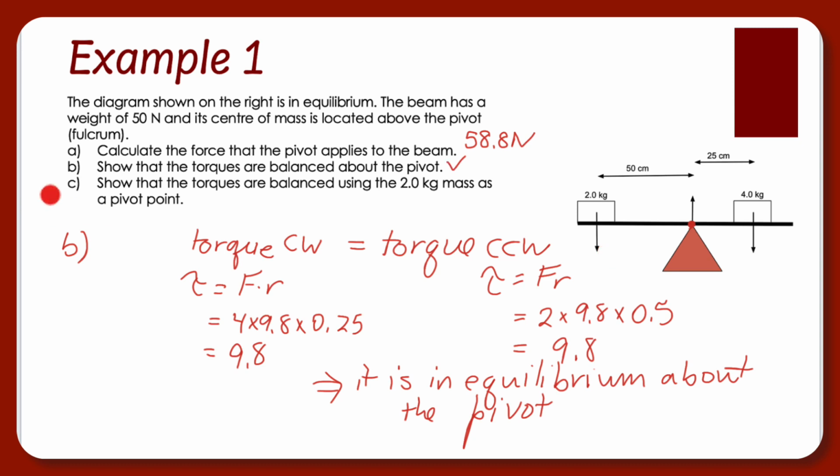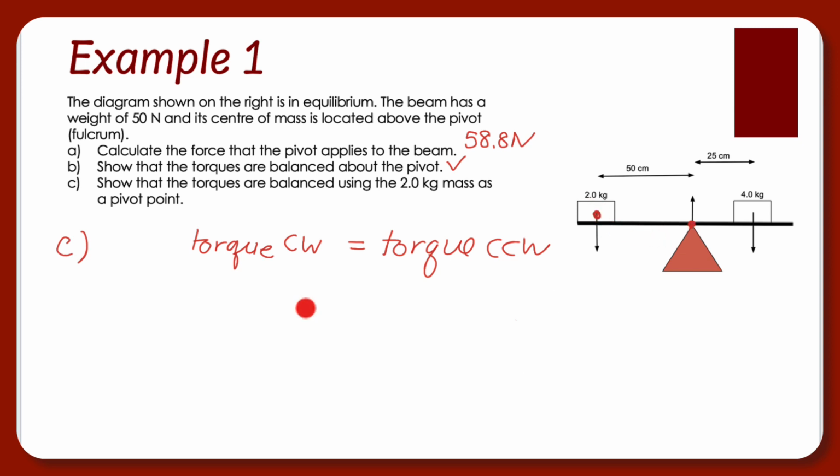In part C, I'm asked to use a point not here at this pivot, but rather right here. So let's look at what's going to cause torque about this point. Well, clockwise will still be the 4 kilogram mass trying to cause a force in this direction.